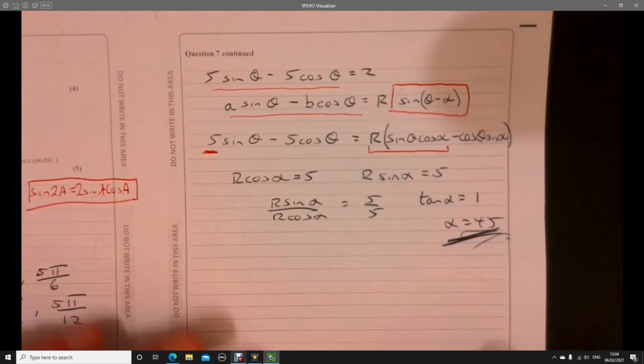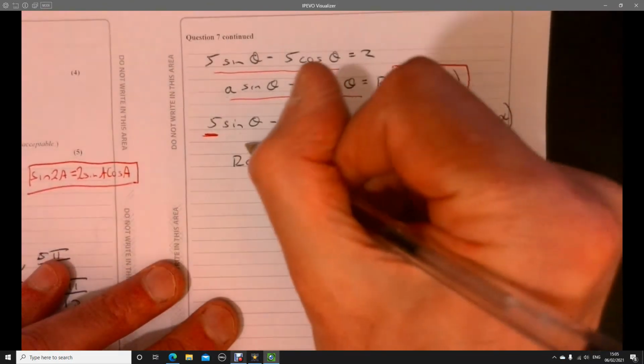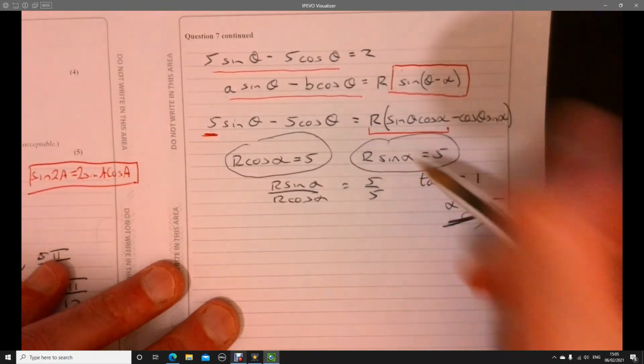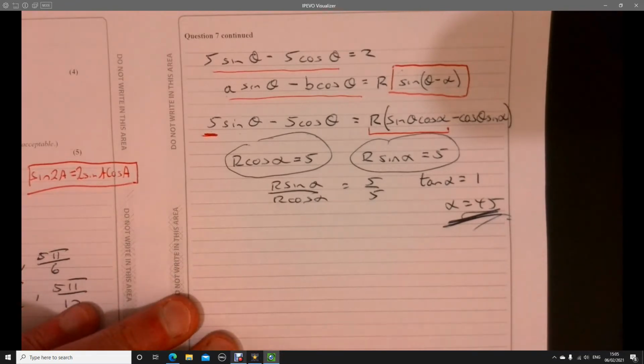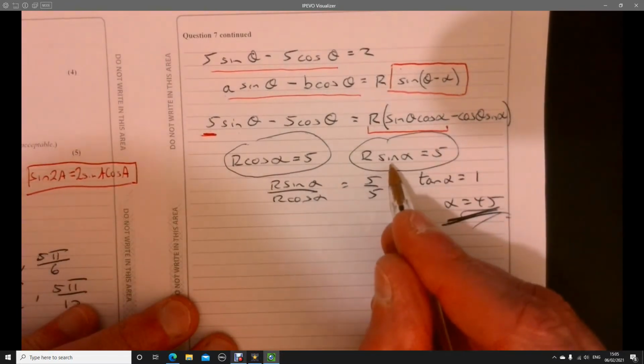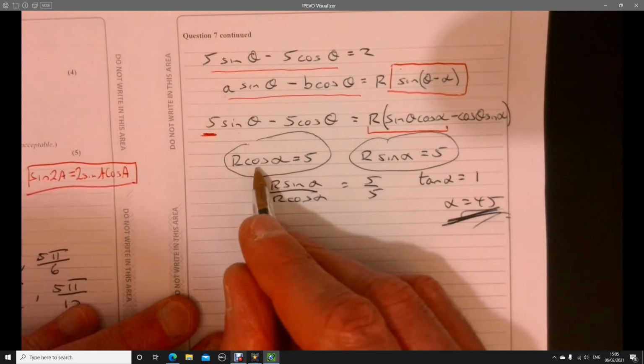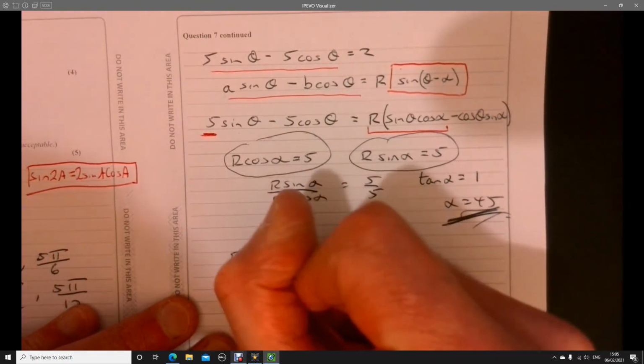Now let's think about what r is. And again, using this bit of knowledge up here, it's all to do with sine squared and cos squared. We know that sine squared plus cos squared is equal to 1. So if you think about squaring this one and adding the square of this, let's see where we end up.